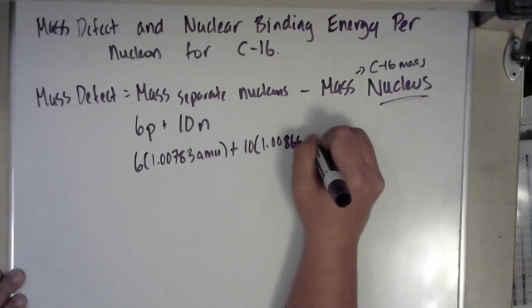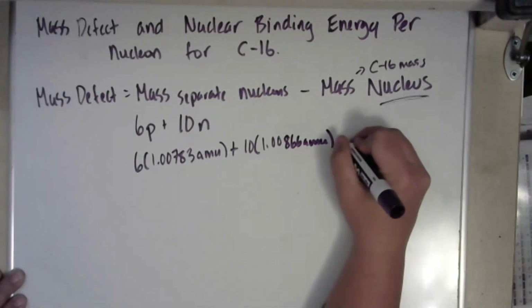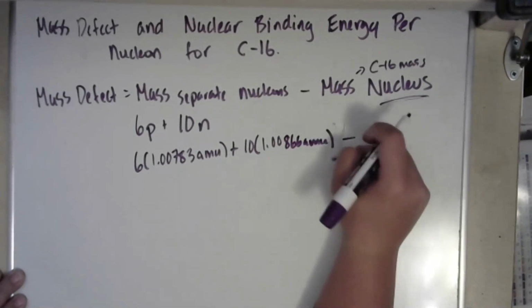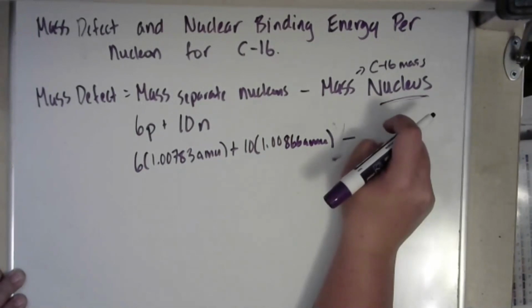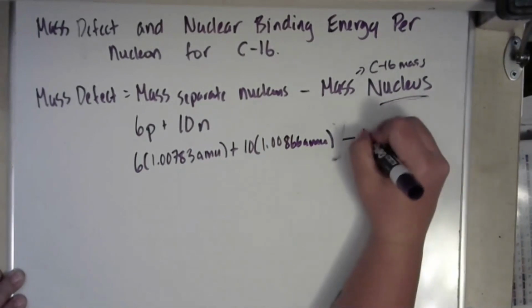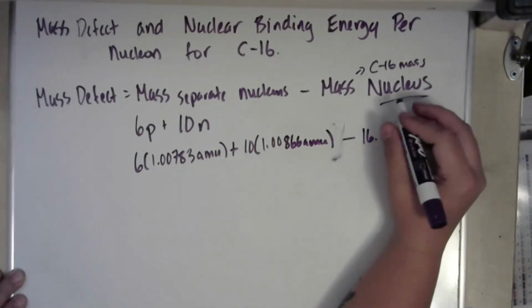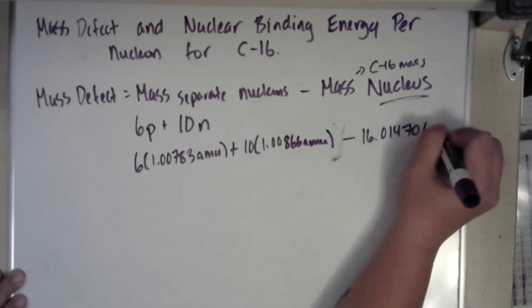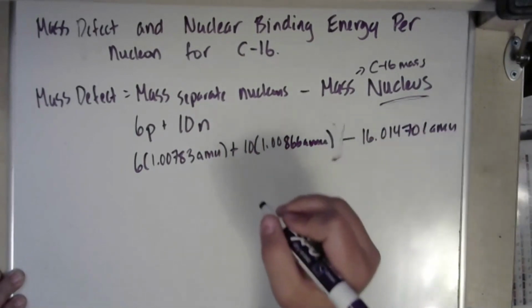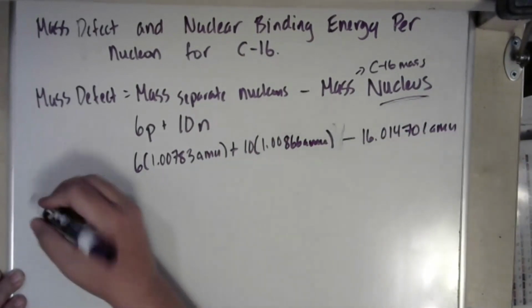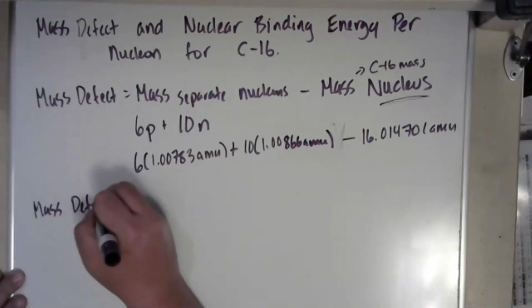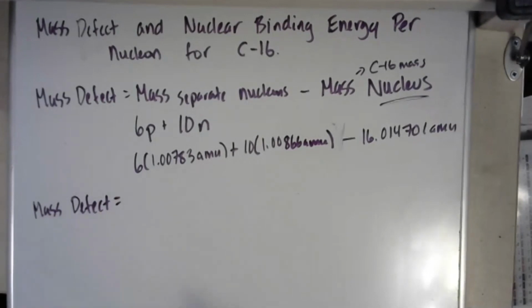Then after we add that up, we're going to subtract the mass of the carbon 16 that they gave us, 16.014701.